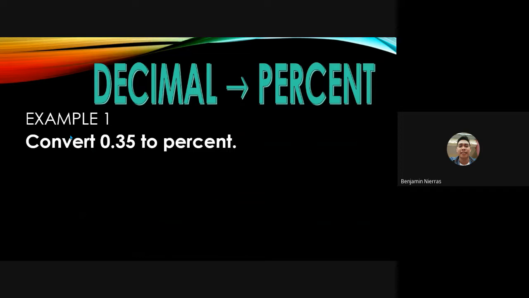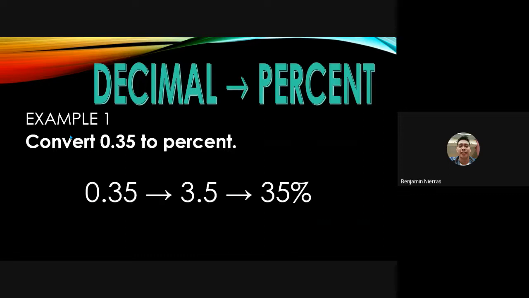Let's suppose we have example number 1. Convert 0.35 to percent. Just write the given 0.35, and then you may multiply it by 100, or you may just move the decimal point to the right by two places. The easiest way is the latter: move the decimal point to the right by two places. So 0.35, moving the decimal point to the right, we have now 35.